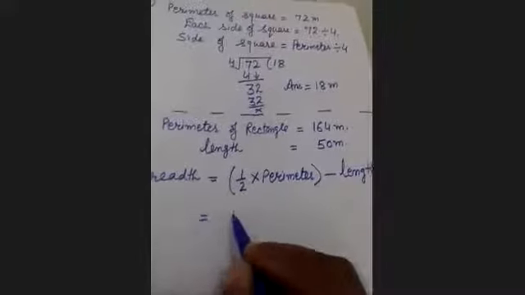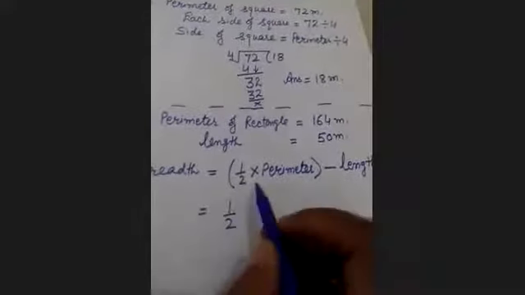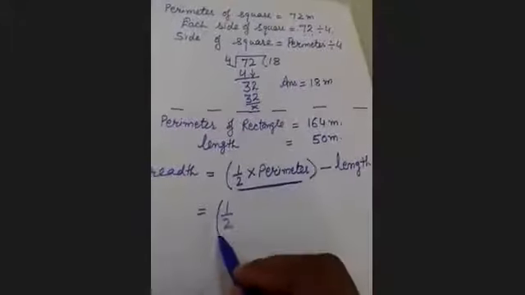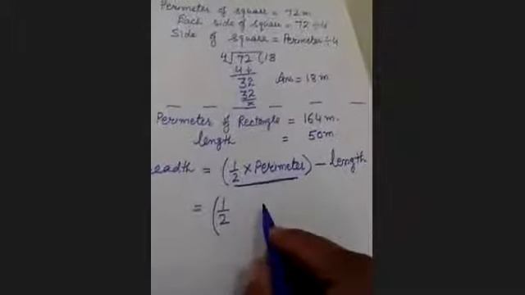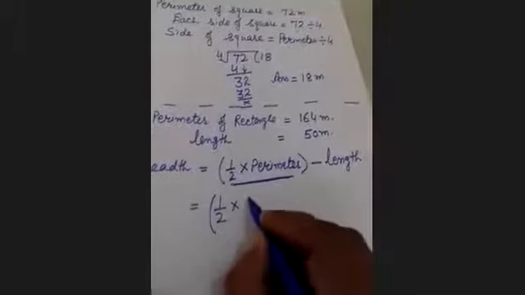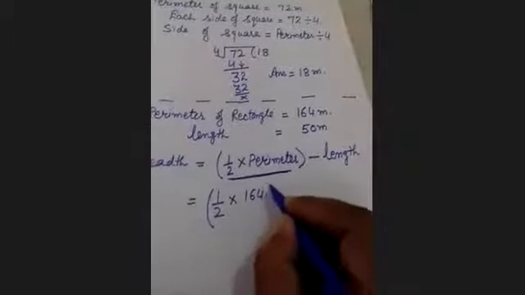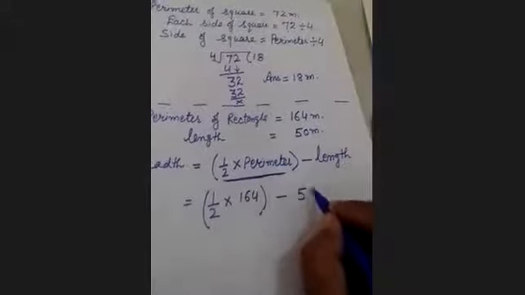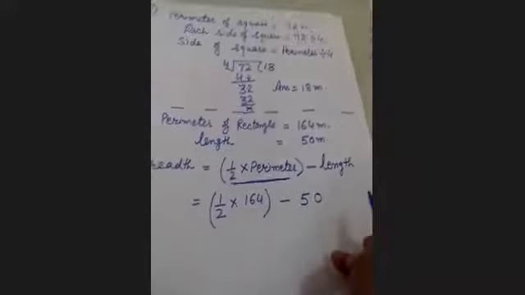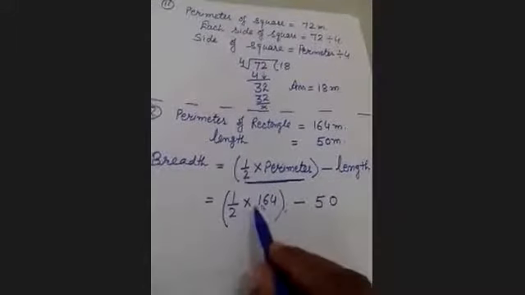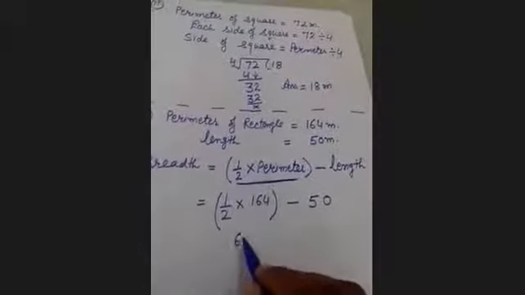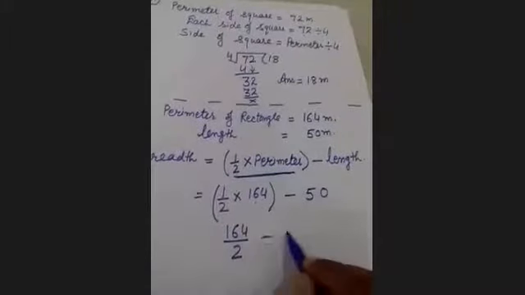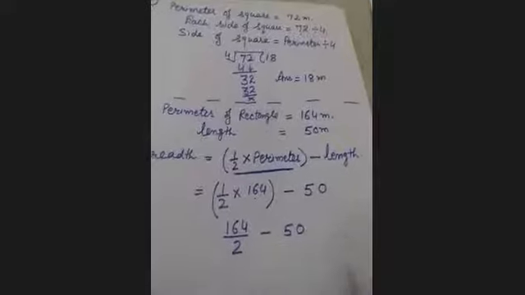Now 1 upon 2, first we will solve this part. 1 upon 2, perimeter is 164, minus 50. Now 164 upon 2 minus 50.